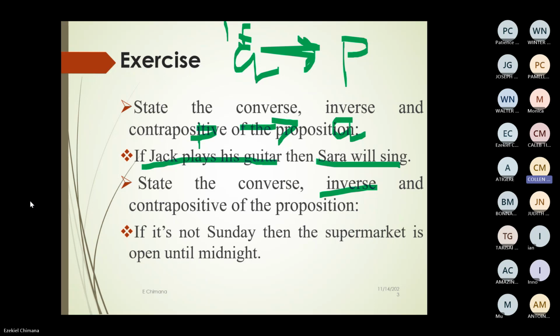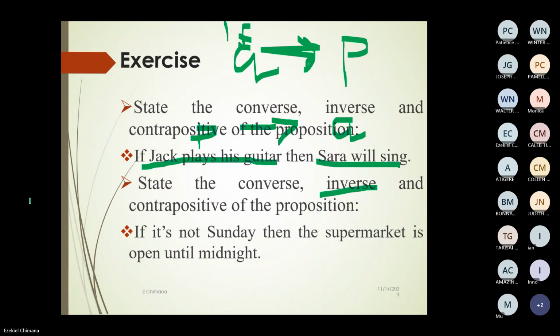P implies Q. The negation of P implies the negation of Q. Exactly, that's it. The inverse, you are just negating P implies Q. So in other words, we are saying just negate this statement.